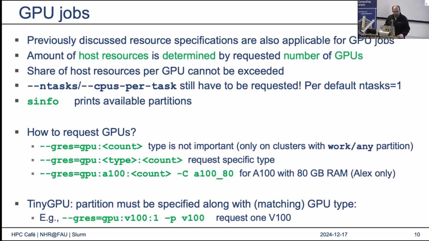That's only on Alex. Unfortunately, on TinyGPU, you have to specify the type and the partition. Here is an example: we want one V100, so we also have to specify the partition V100. Same if you want an A100, you have to specify A100 in the front and the A100 partition in the end.